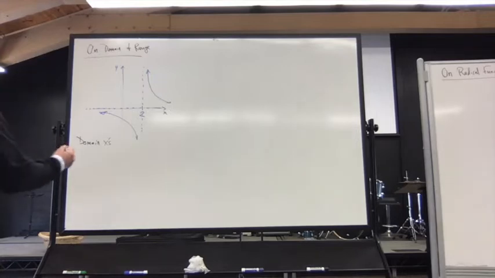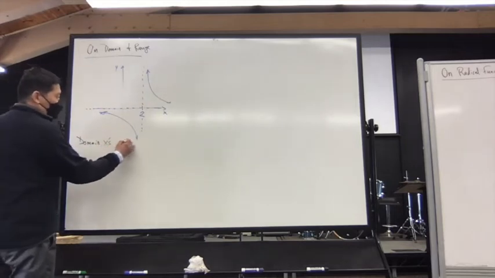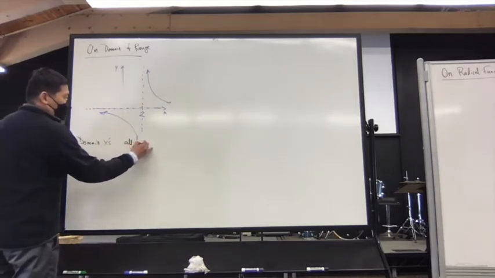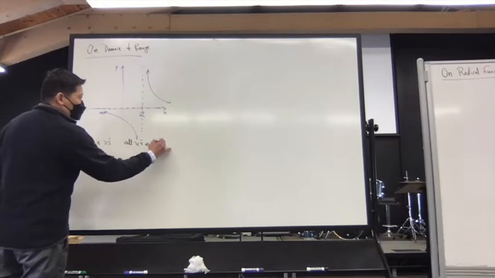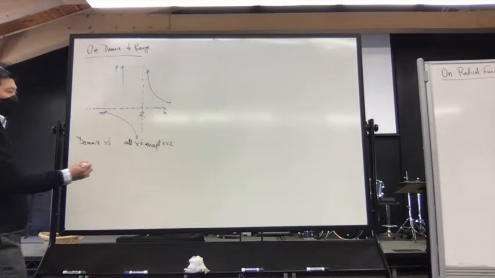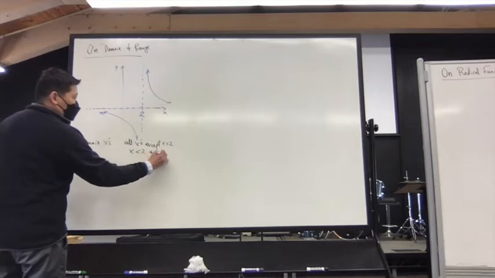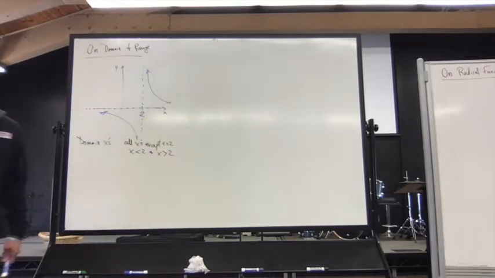The typical way would be to say it's all x's except x equal to 2. Or you can say x is less than 2 and x is greater than 2, right? So it doesn't include the equals. There's no equal sign.